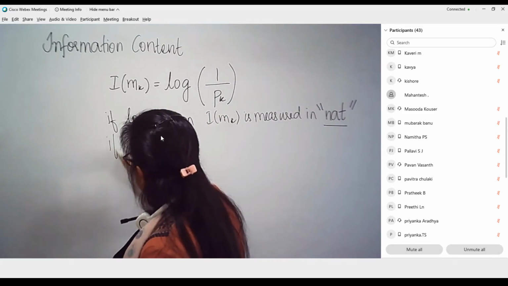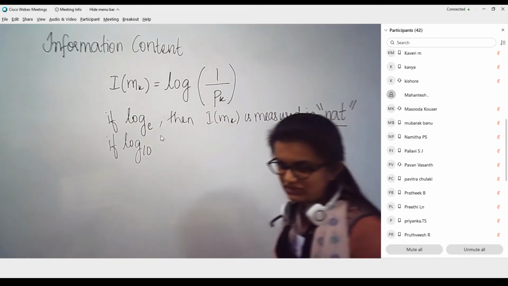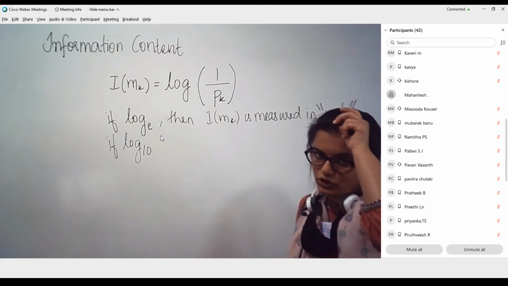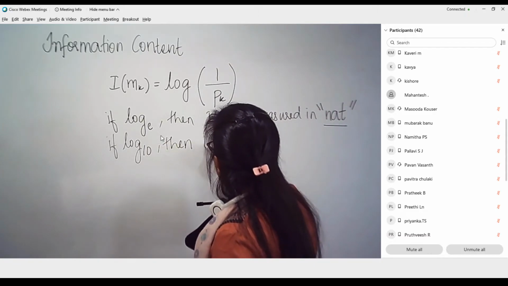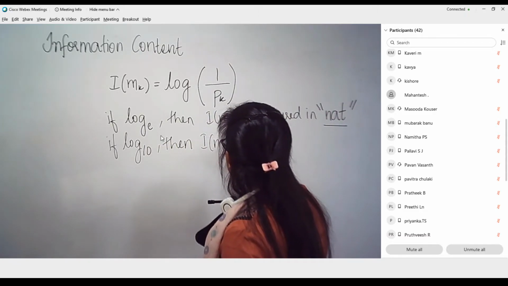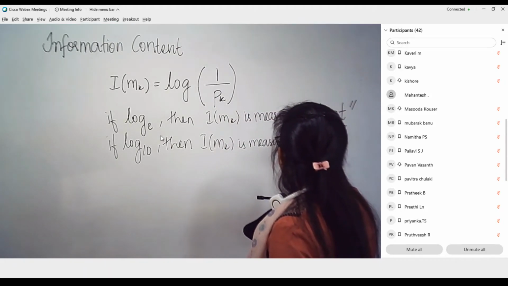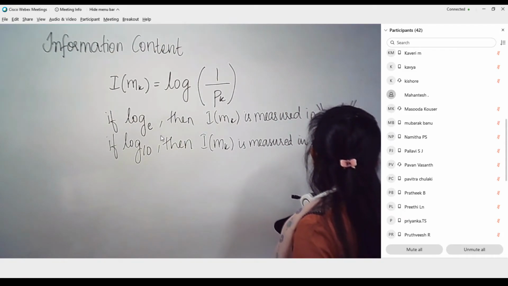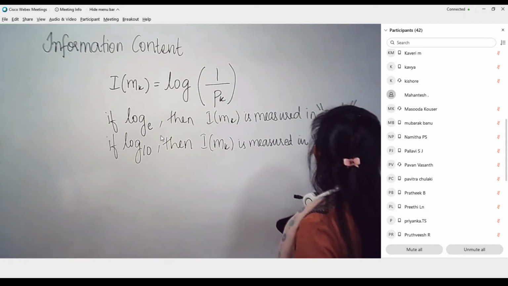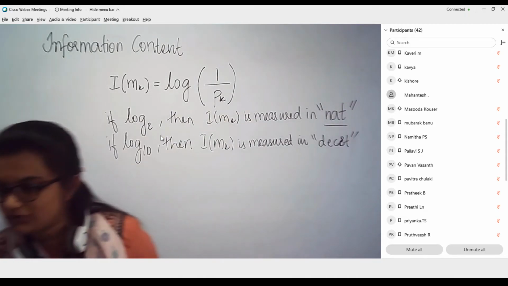If I consider log to base 10, if I take the base of the logarithm as 10, then the information of the message is measured in decit. It is measured in terms of decit.